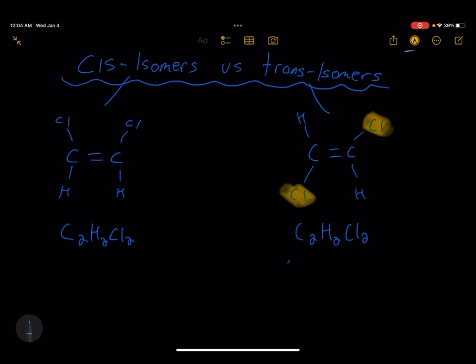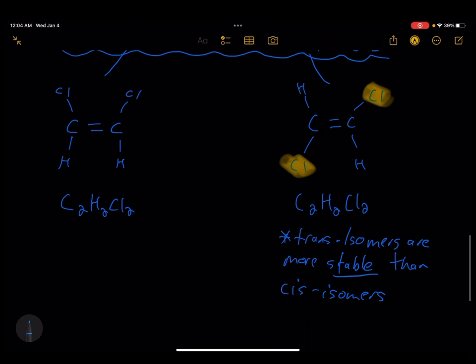The trans isomers, the ones that vary, you can say translationally or a crisscross, are more stable than cis isomers, and we're going to write due to the partial negative and partial positive that often gets formed.